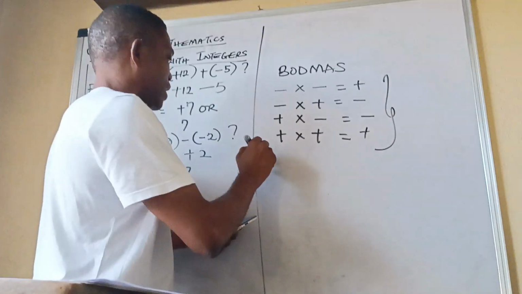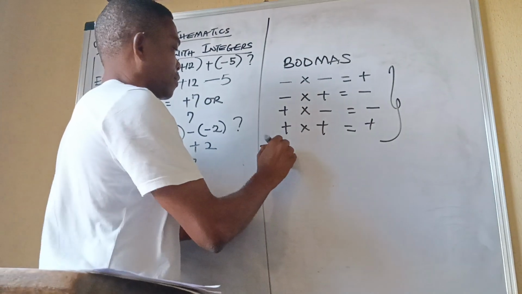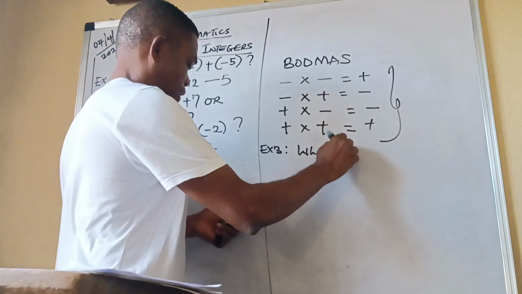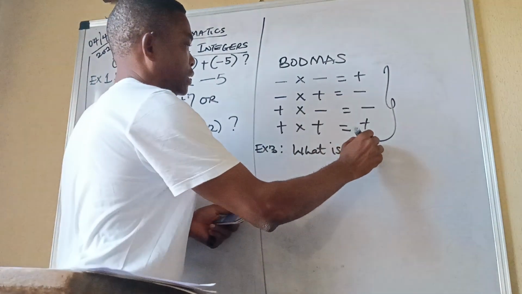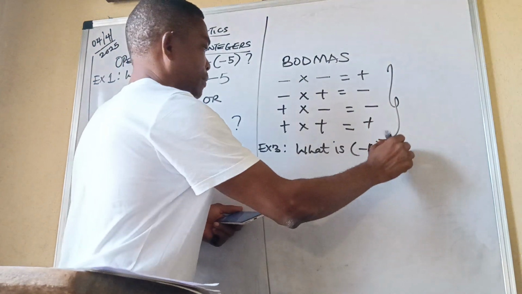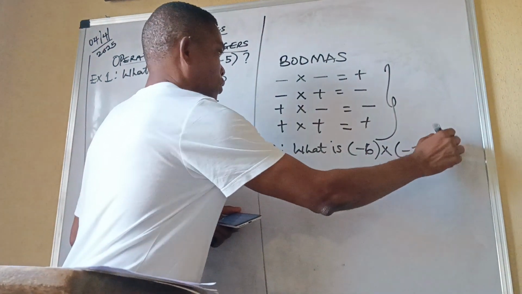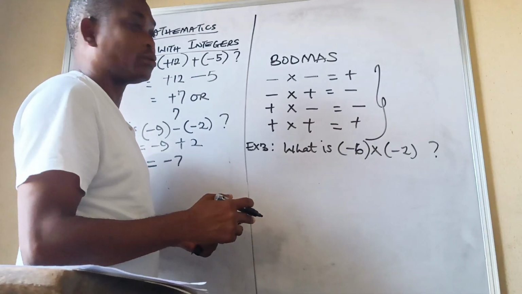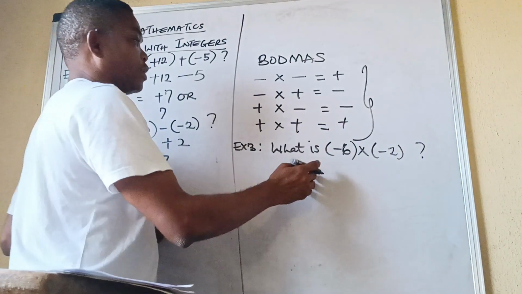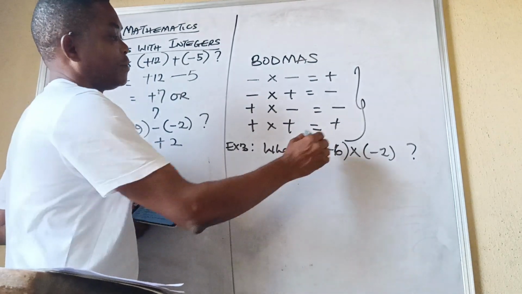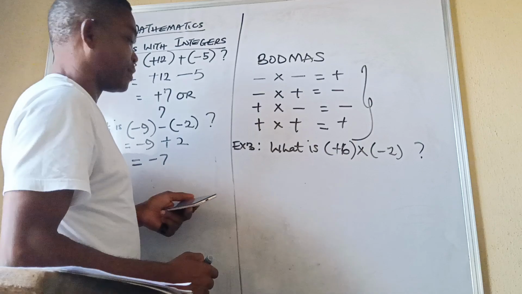Example 3. Example 3 is saying, what is plus 6 times minus 2? So plus 6 times minus 2.